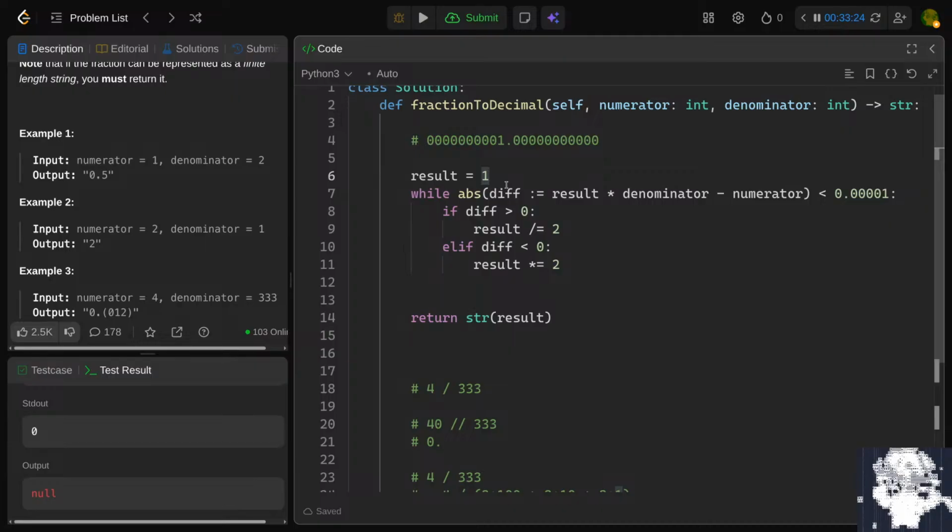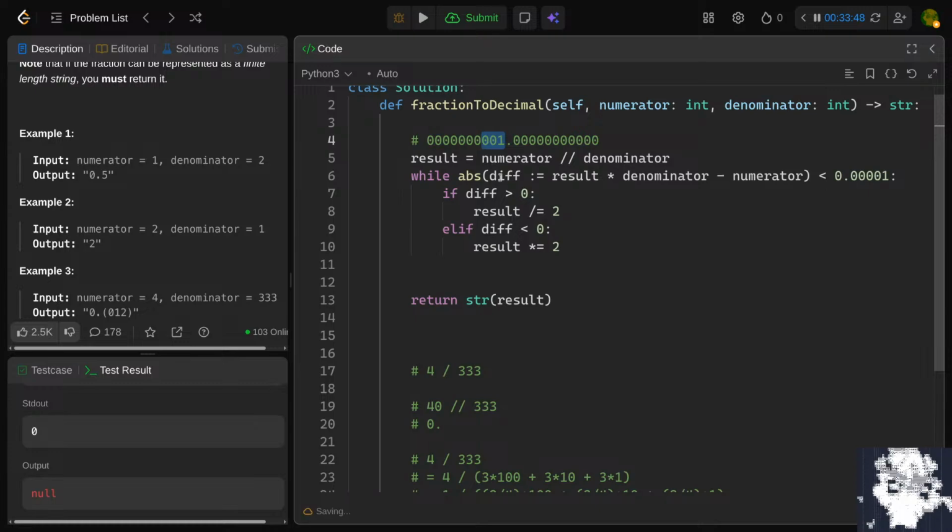The other thing is I can start the result so that it's correct here. Which should be result equals numerator integer division denominator. So whatever's correct on the left-hand side, and then we're trying to add a factor that's between 0 and 1 to that.